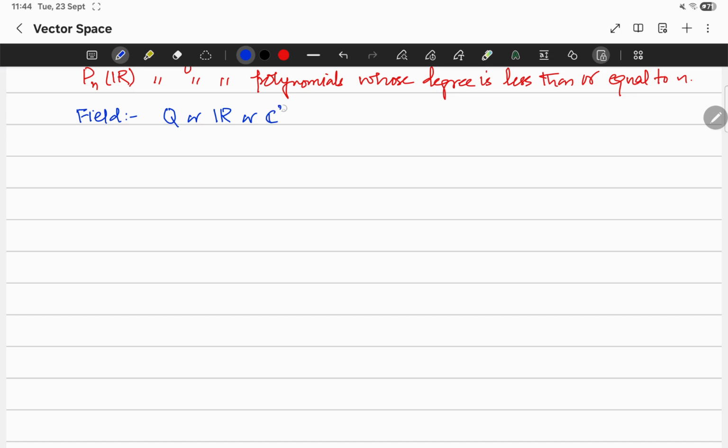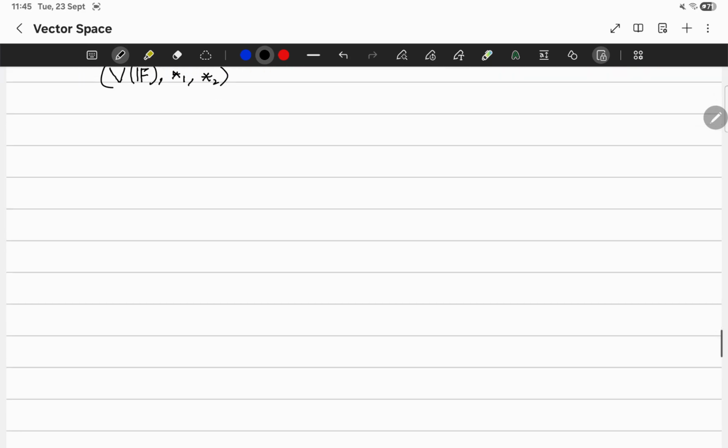Okay, so now in a vector space we have a set V about which we have to show some properties, axioms. A set F, that is the field, which will be either Q, R or C. The two operations: star 1, vector addition, and star 2, scalar multiplication.